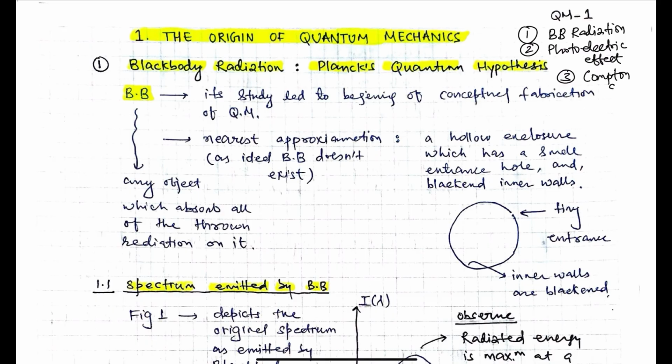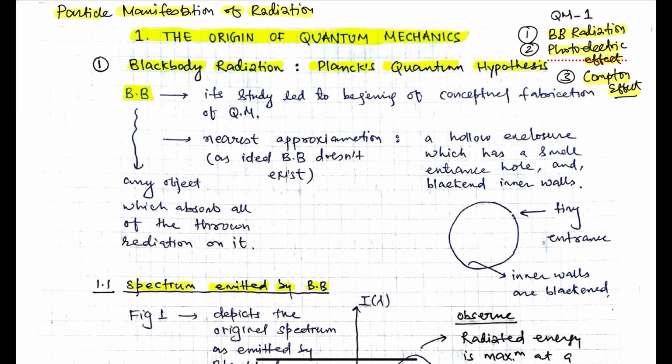And let me tell you very clearly that these all are nothing but particle manifestation of radiation. So in one simple language, we could say that black body radiation, photoelectric effect and Compton effect are nothing but particle manifestation of radiation.